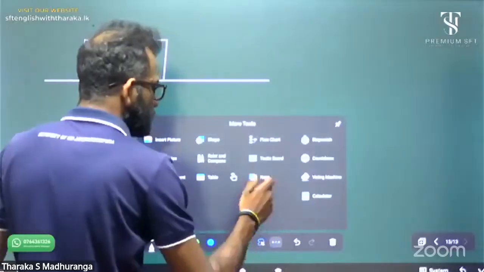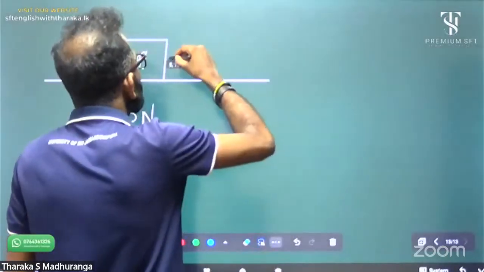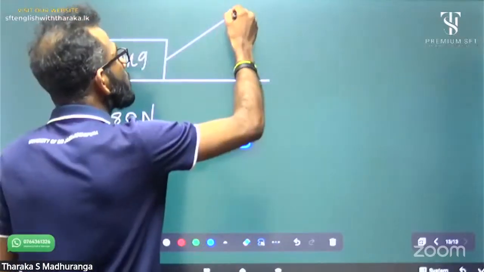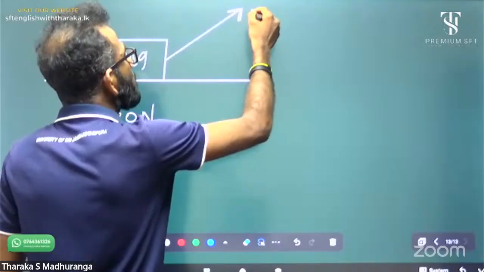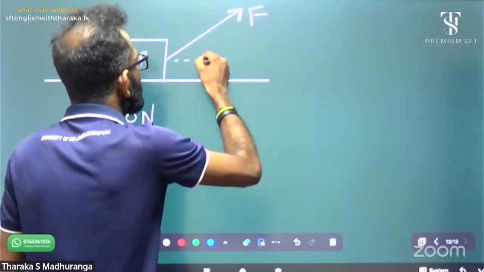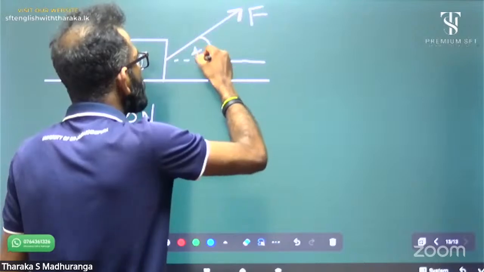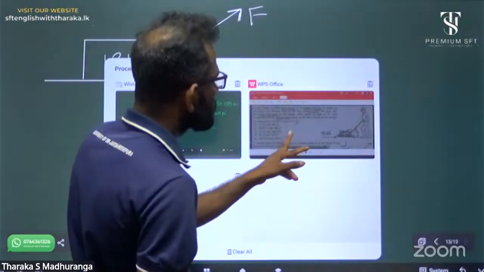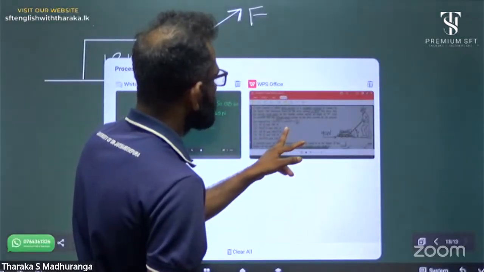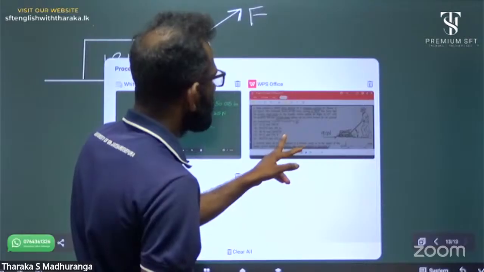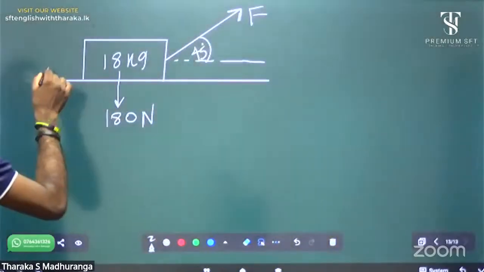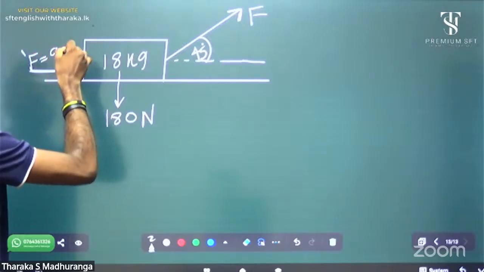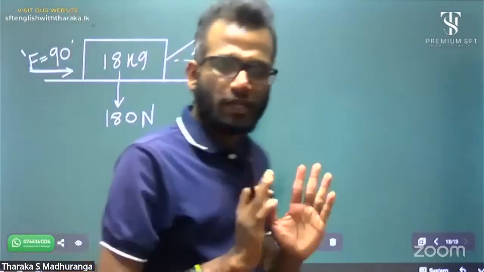And force F is applied on the handle at 45 degrees, and the friction force acts in the opposite direction, F dash equals 90 Newton.